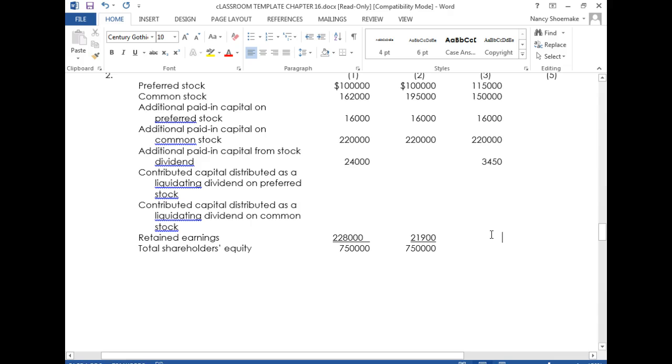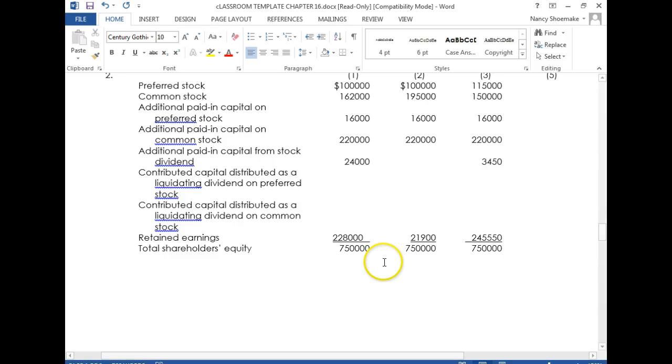What's the new figure here? 245,550. But you see how our total stockholders' equity still remains the same, doesn't it? If you had a question that said, in issuing a stock dividend at the end of the period, how does that alter your total stockholders' equity section? Does the total still stay the same?